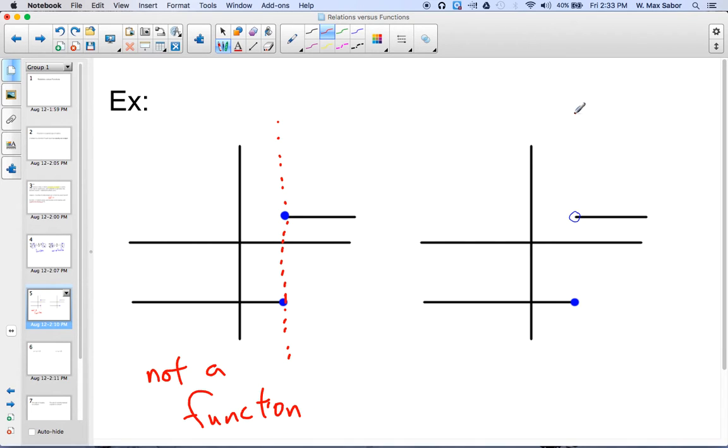And this one, because of the open circle, doesn't have the positive number as an output, but it does have the negative number as an output. So this is a function. We should technically check all of the other x-coordinates as well, but it's very obvious that there's no other y-coordinate for each x-coordinate.